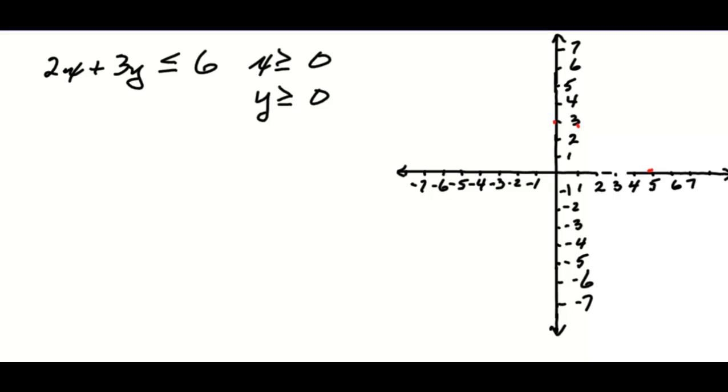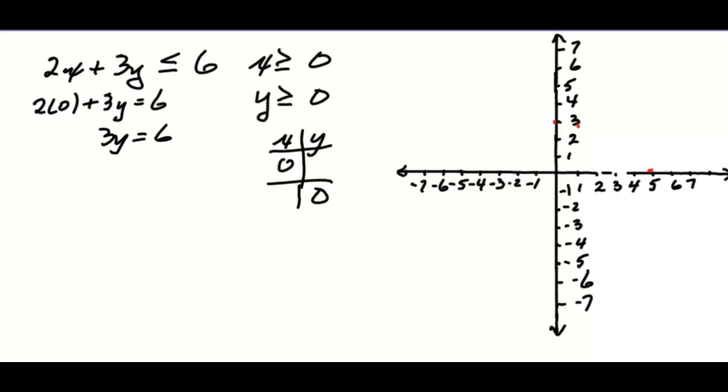So to figure out that first one, we're using our x, y points. X is 0, y is 0. What do we get? Okay, 2 times 0 plus 3y equals 6. 3y equals 6. 3y divided by 3 equals 6 over 3. And y equals 2.